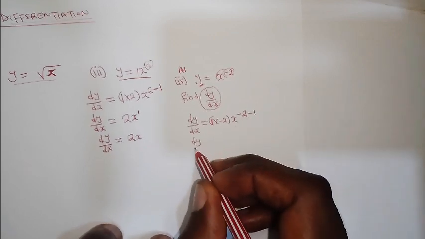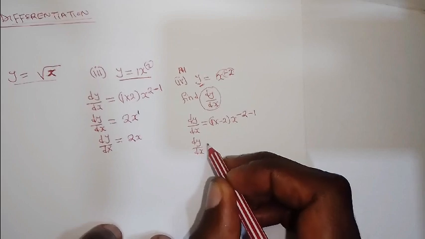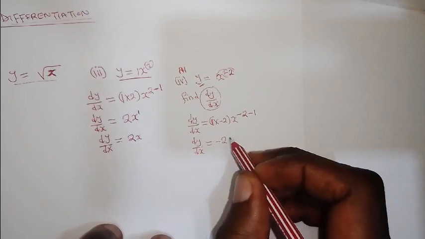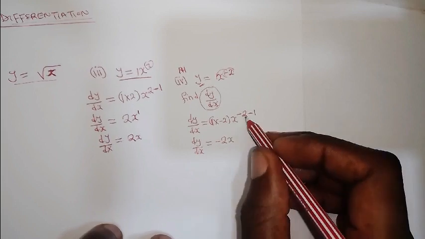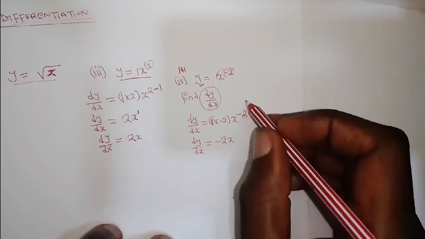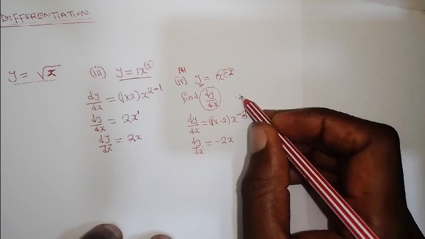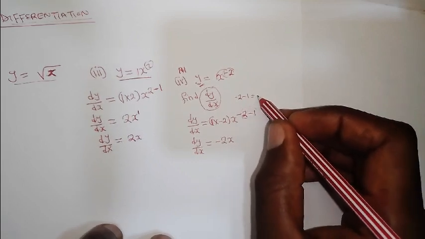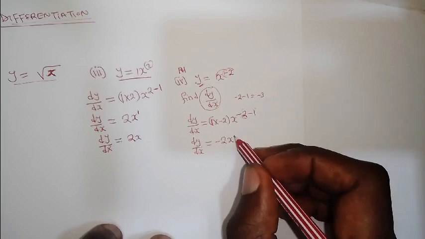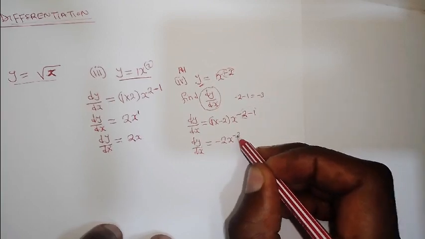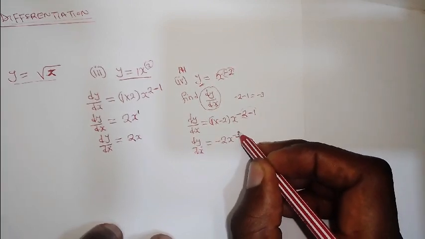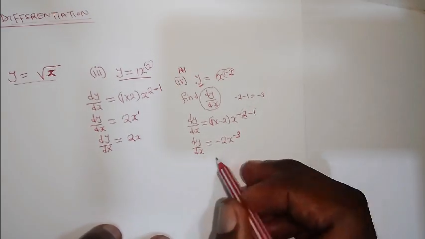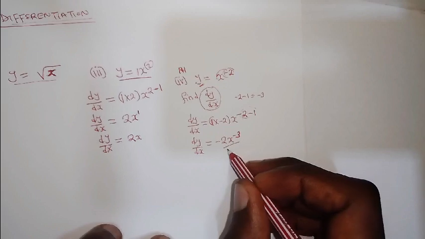So dy over dx will be equal to negative 2x, and negative 2 minus 1 is negative 3, so the power becomes negative 3. Therefore that is the answer.